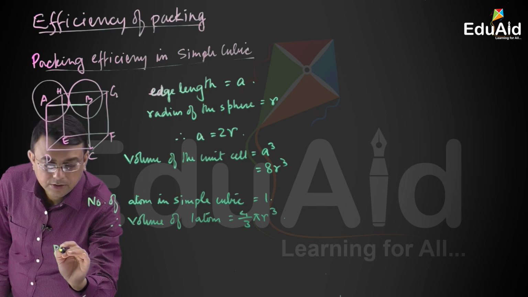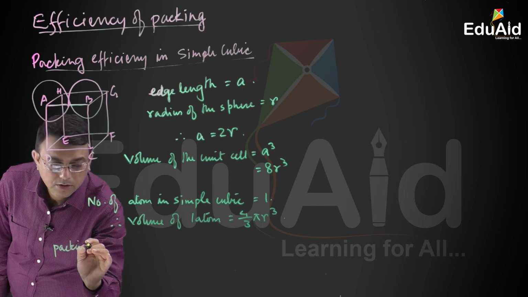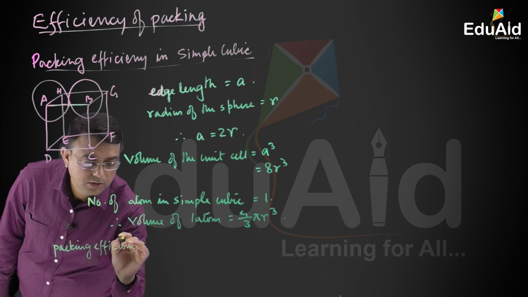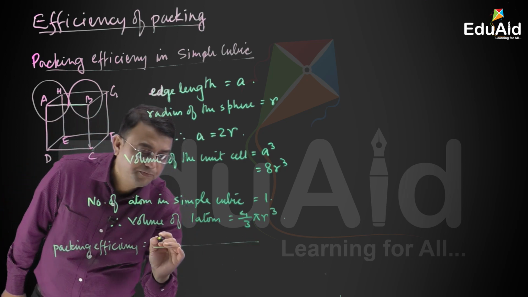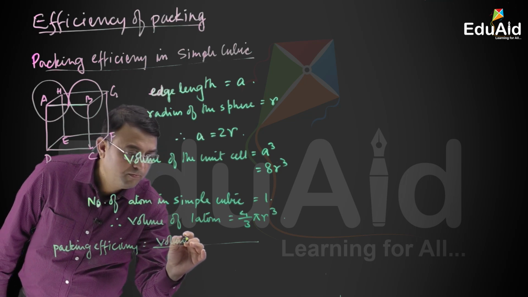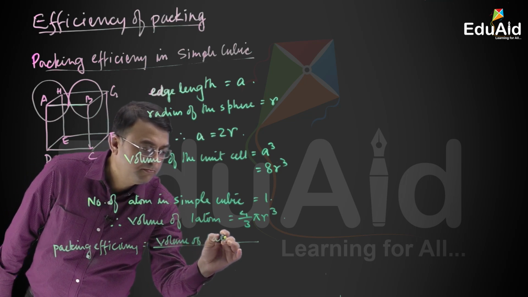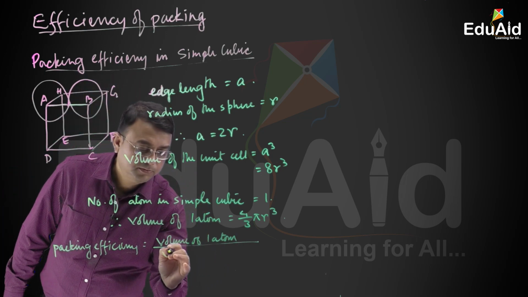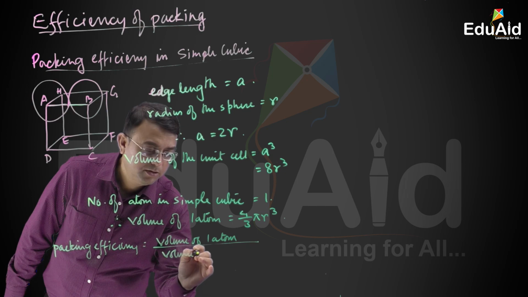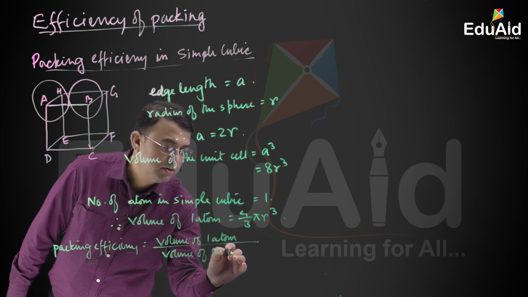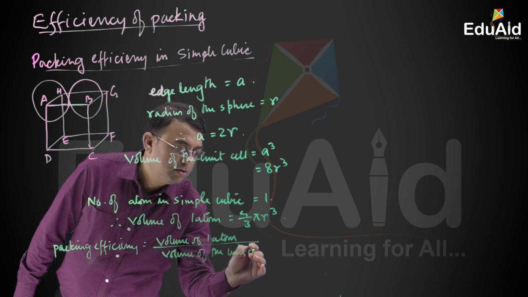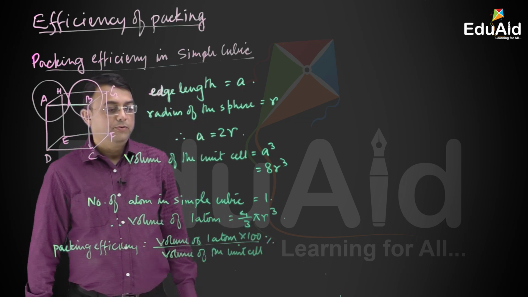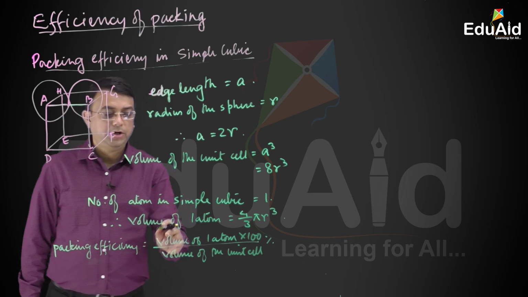Packing efficiency, volume of one atom by volume of the unit cell into 100%. Now what is the volume of one atom?